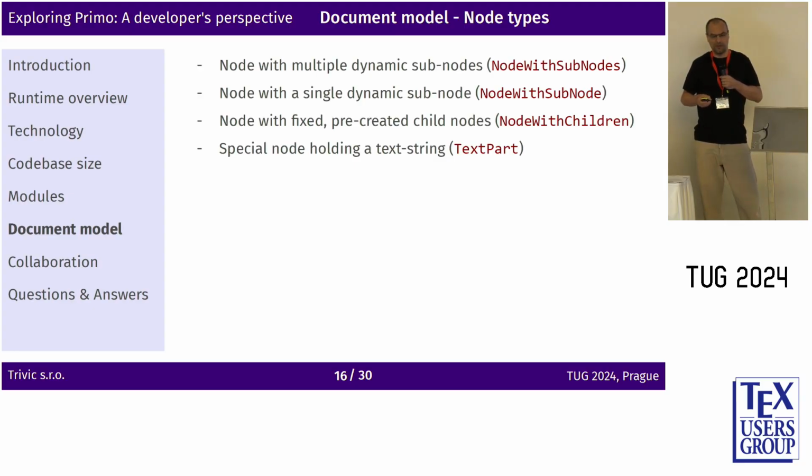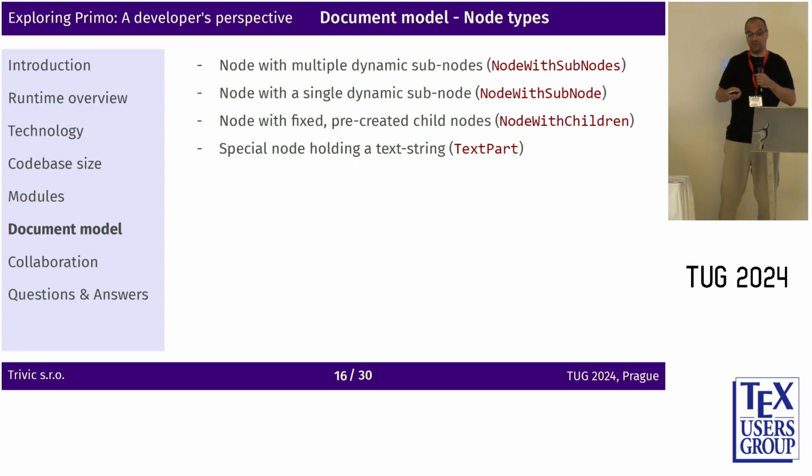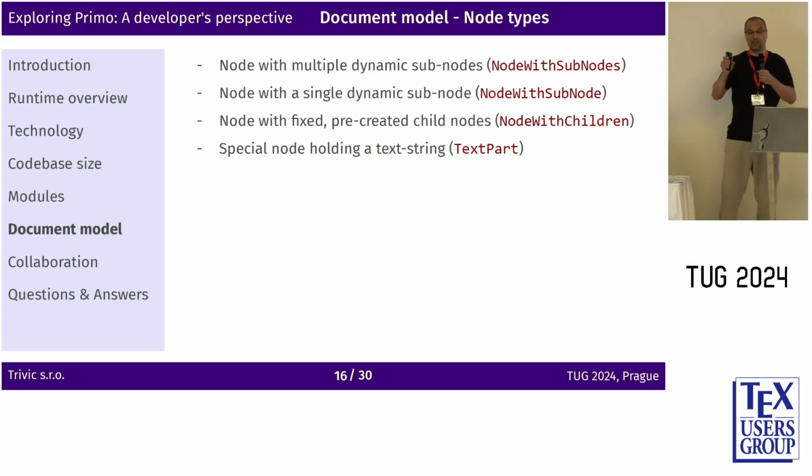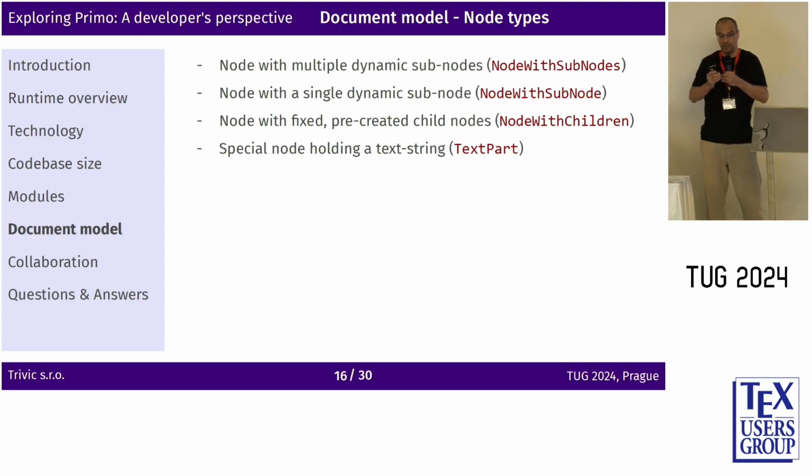From the point of containment, or how the nodes reference each other, we can categorize the nodes into 4 subtypes. The first subtype, which we call node with subnodes, is a node which can have multiple dynamic subnodes. So you can imagine internally it contains an array of its child nodes.